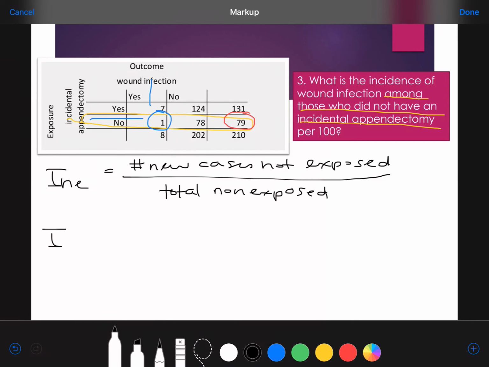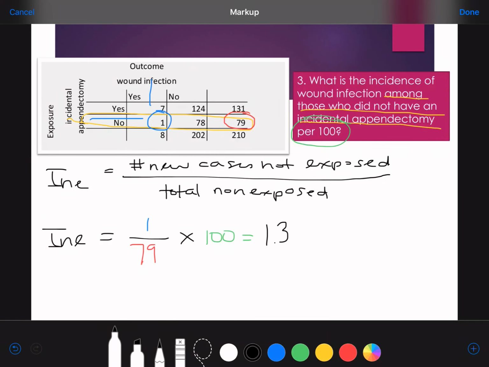So therefore, INE equals 1 divided by 79. And then we have our multiplier. If we go look at it, it says it's per 100, so times 100 equals, and we come up with 1.265, which rounds up to 1.3.